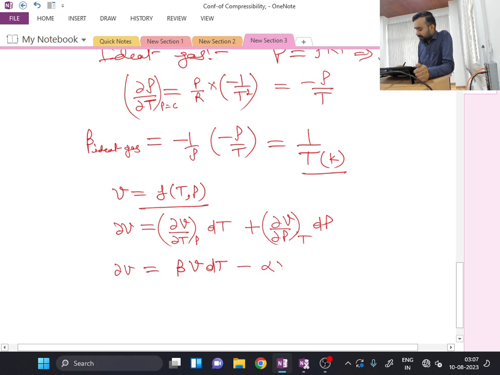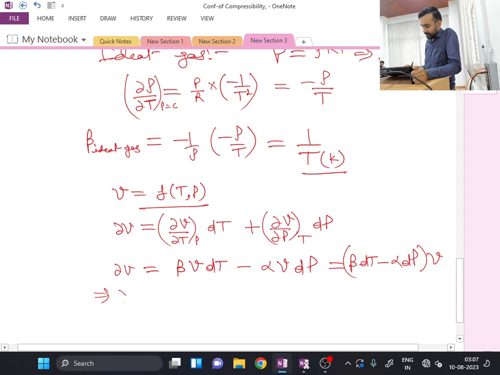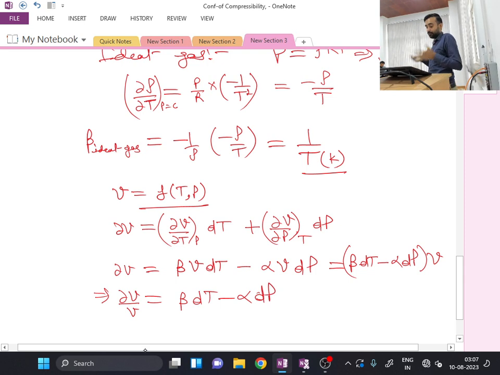Minus alpha times specific volume into dP. So ultimately I will get beta dT minus alpha dP times specific volume. So ultimately I can write that dV by V is nothing but equal to beta times dT minus alpha times dP. So fractional change in specific volume is equal to beta times change in temperature and alpha times change in pressure. Fine.